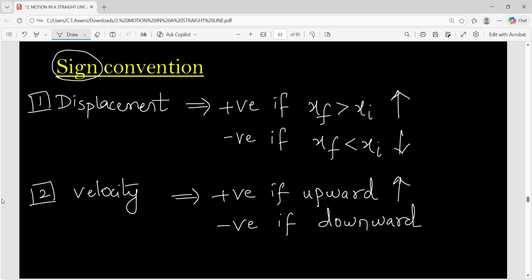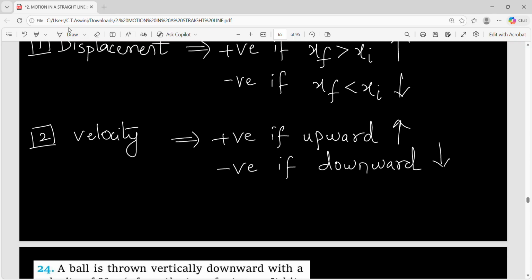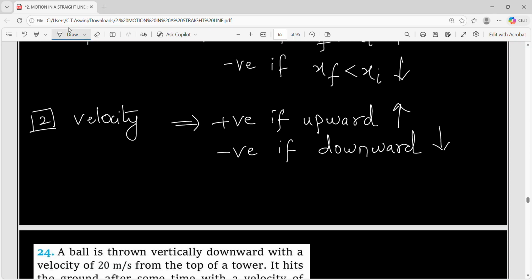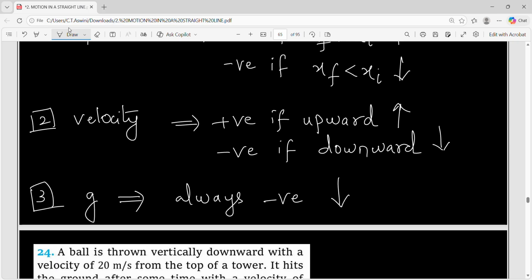So upward velocity positive, downward velocity negative. And what about g? Acceleration due to gravity, that is also a vector, right? And how do you consider the sign convention for it? g is always downwards, right? So g will always be negative. It is always negative because it is always in the downward direction.